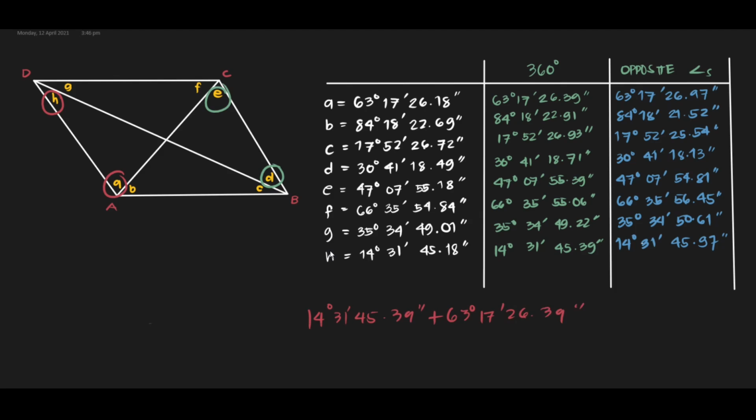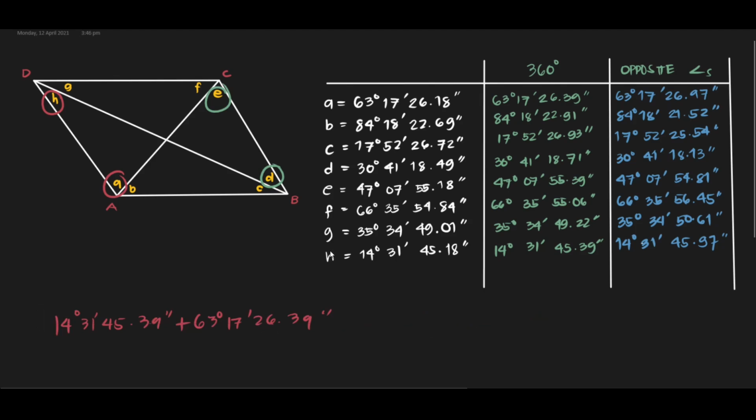If you add that together, this should be equal to E plus D. Here's E, we have 47 degrees, 07 minutes, 5.39 seconds plus D, which is 30 degrees, 41 minutes, 18.71 seconds.